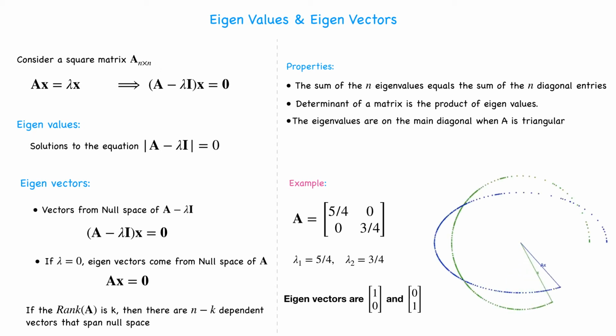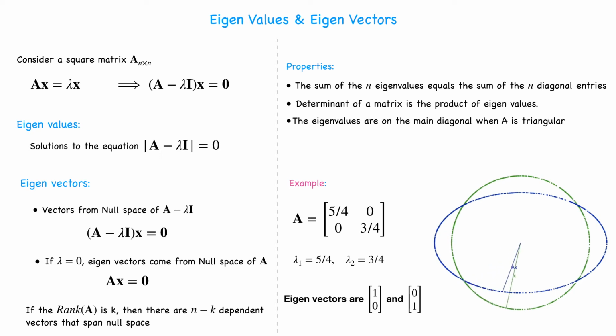Consider this example. We have vectors taken from a circle, shown here as green dots. Each of these green vectors, when transformed by the matrix A, turns into a point on an ellipse. So a circle is being converted into an ellipse. What is happening here?